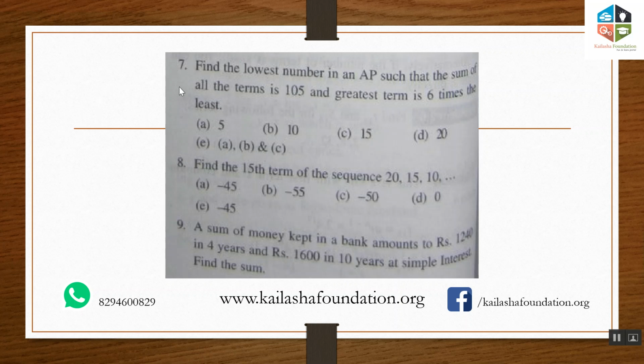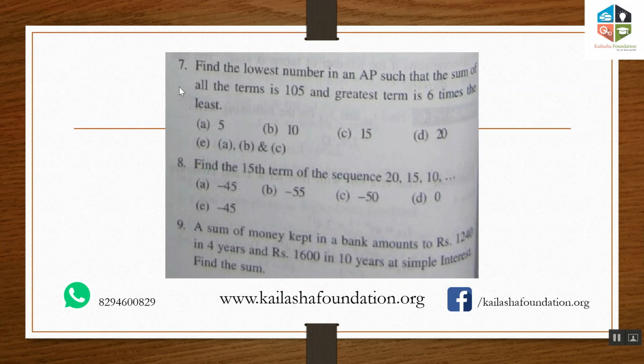Sum of all the terms is 105. Greatest term is 6 times the least. So this question is quite confusing.